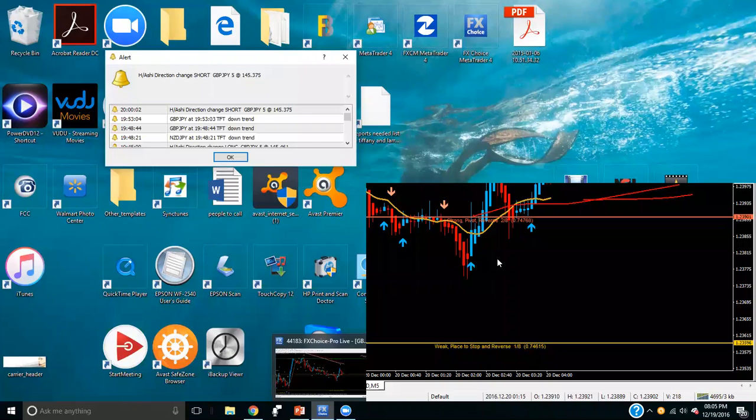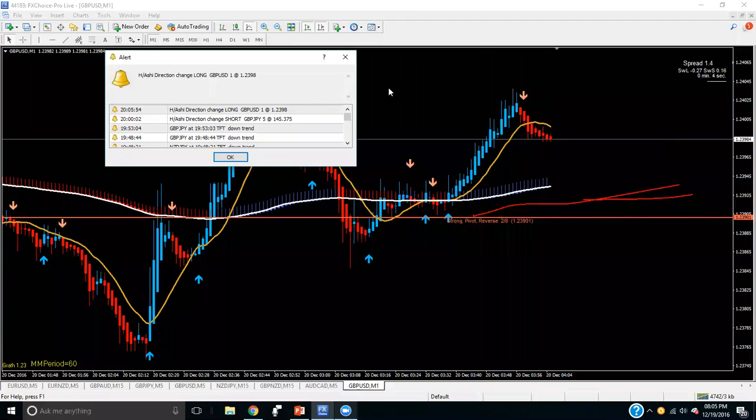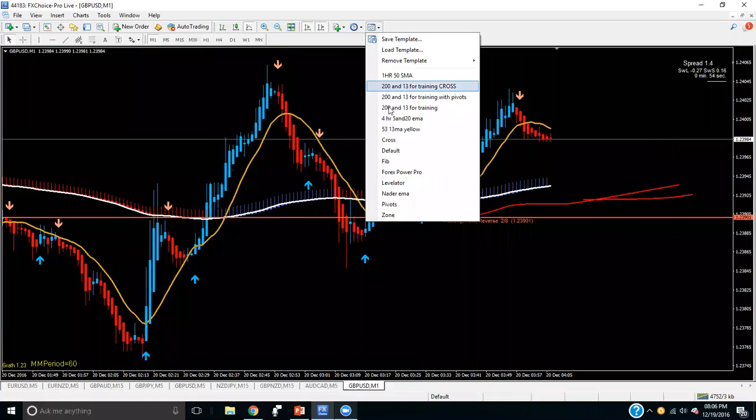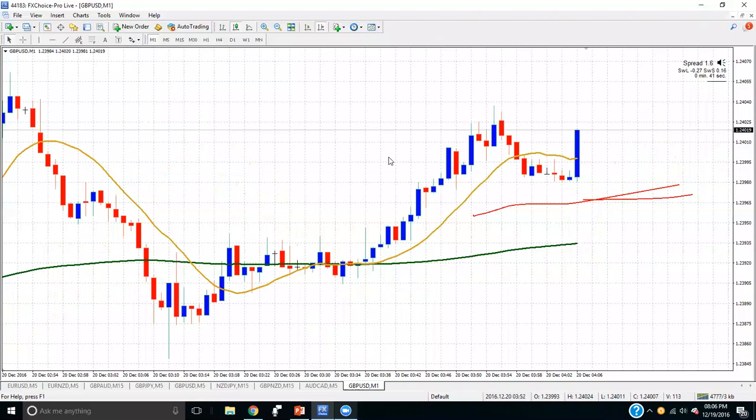Okay, right now I want to show you guys a couple of things that we really need to work on. I'm going to clean up my screen a little bit so you can see it better. Say for instance you get a signal.